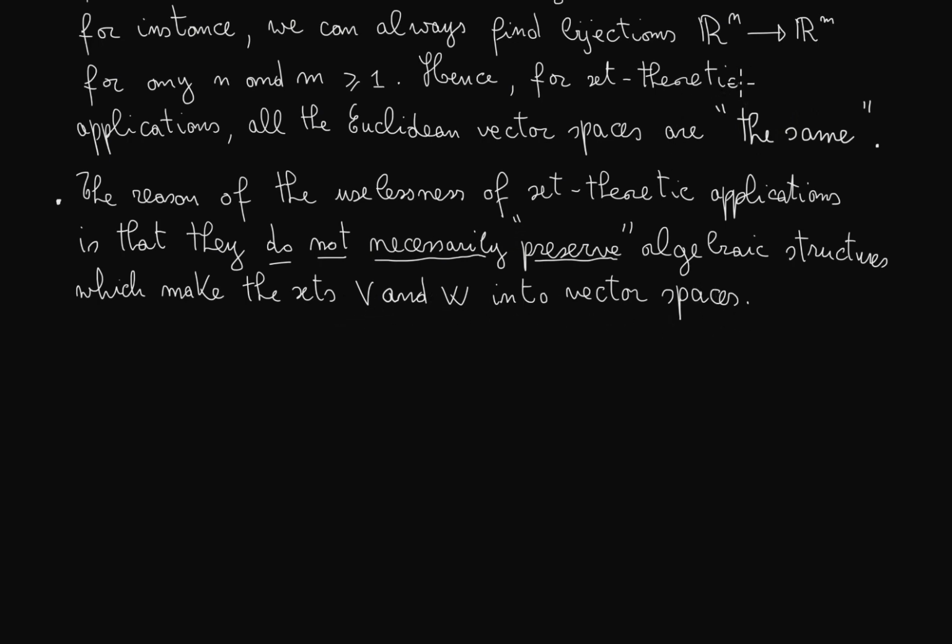In particular, any bijection that we mentioned before between Rn and Rm will certainly not respect the algebraic structure of Rn, nor those of Rm. In particular, it will not respect the operation sum and the multiplication by scalar. What does it mean, will not respect? Well, we will make this more clear in what follows.